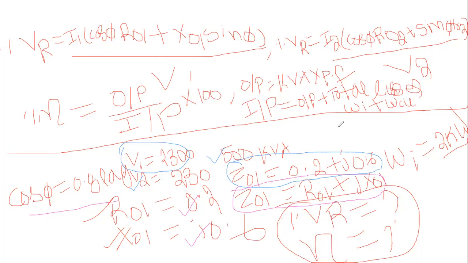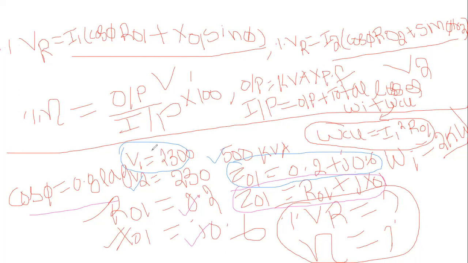Therefore, we use the formula to determine the copper losses. The copper losses are I1 square into R01 or I2 square into R02; we can use either formula. Therefore, W copper losses is equal to I1 square into R01.